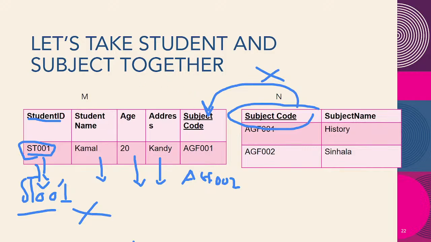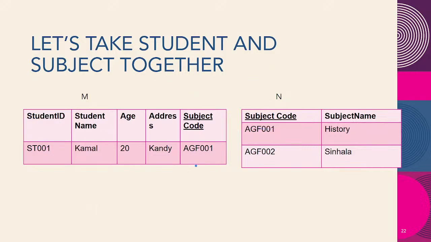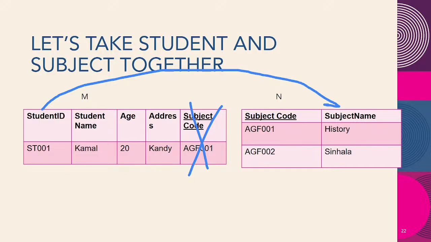Now we will see whether we can do it the other way. That means we will first take this one, and see whether we can include this column there.